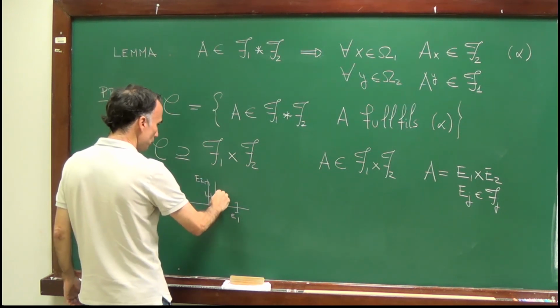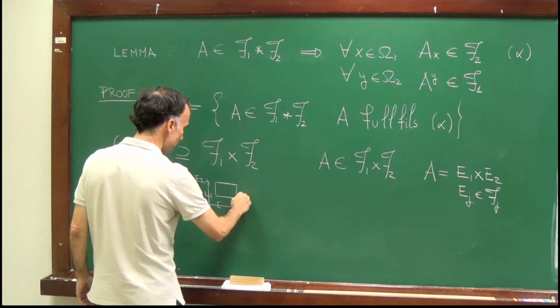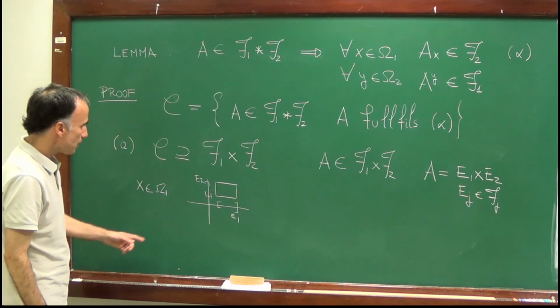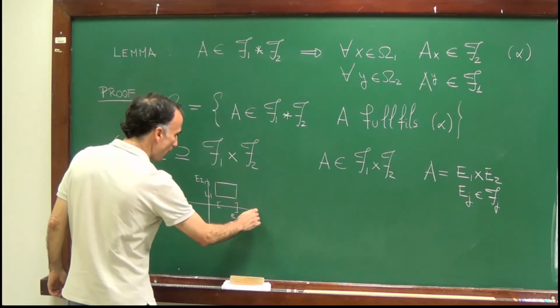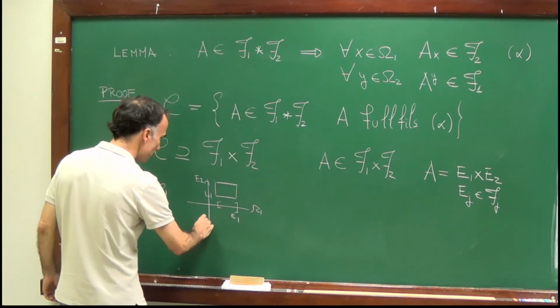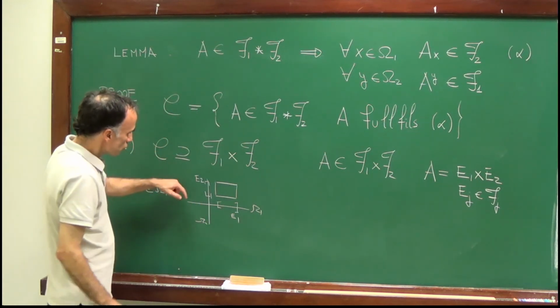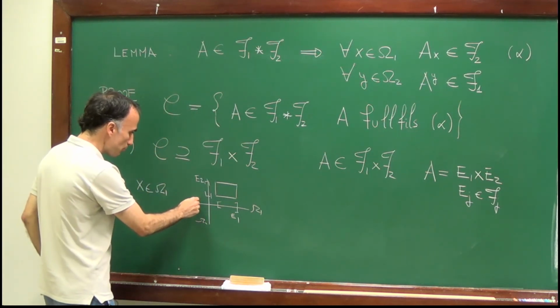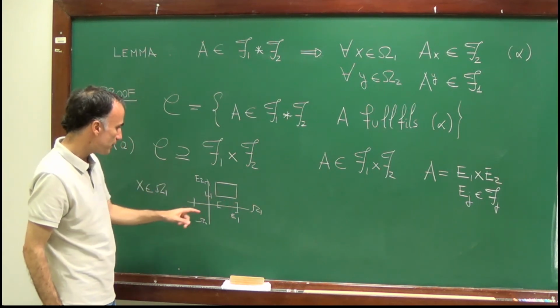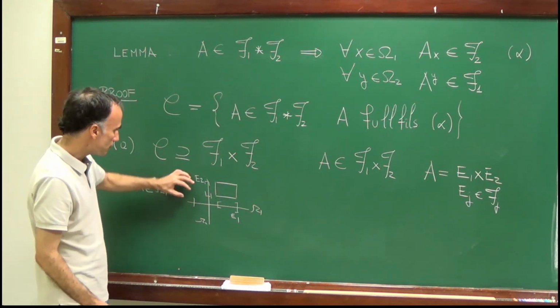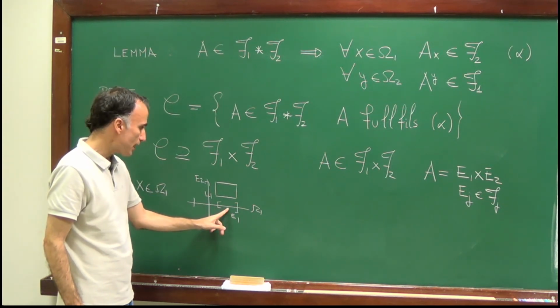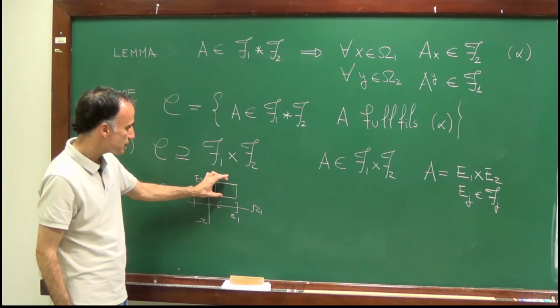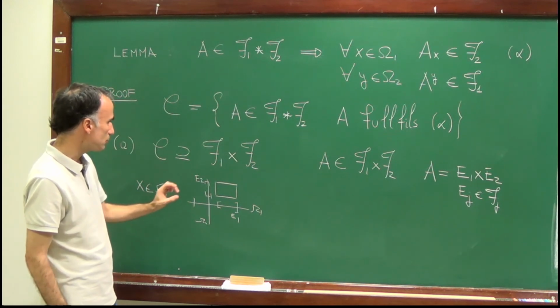So the rectangle will be just this rectangle. And now I'm fixing a point x in omega 1, which is here, and omega 2 here. So you see, either I take a point outside E1, in which case the cross-section will be the empty set, or I take a point x in E1, in which case the cross-section is equal to E2.